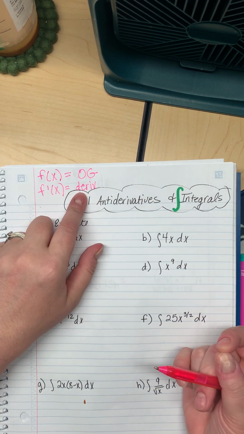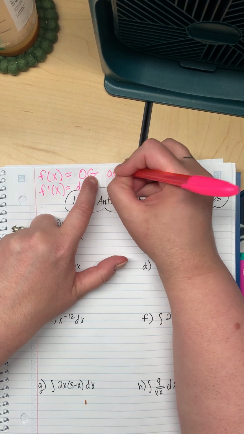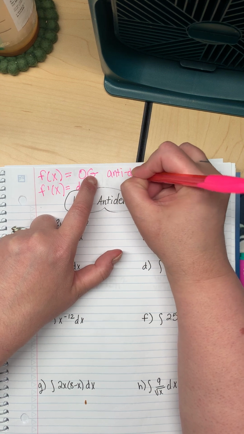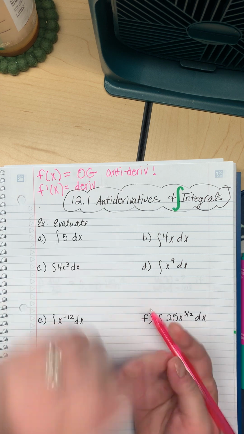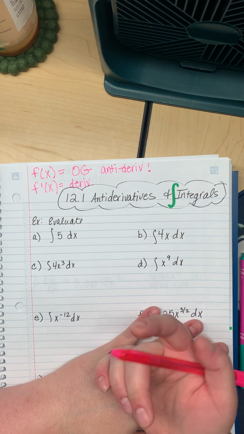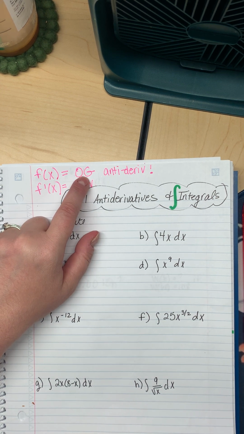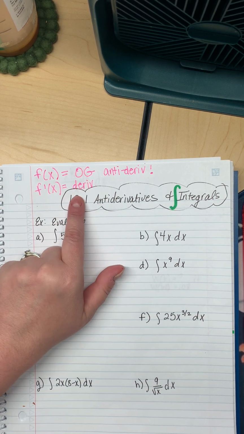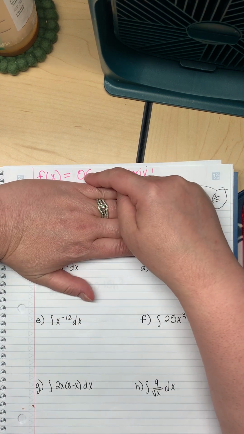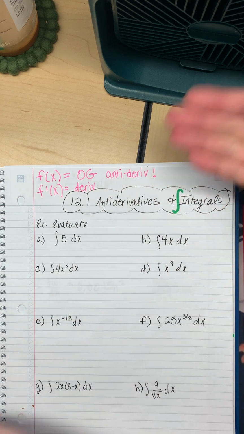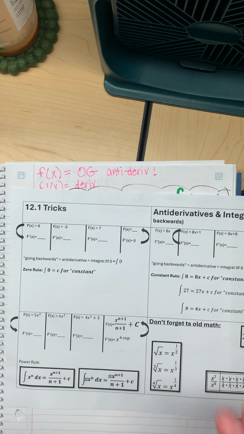Well, if f prime is the derivative, f of x is the antiderivative. So all we're doing in this section is going backwards. We're looking for the OG equation, and they give us the derivative. So instead of being given the original and finding the derivative, we're going to go backwards.